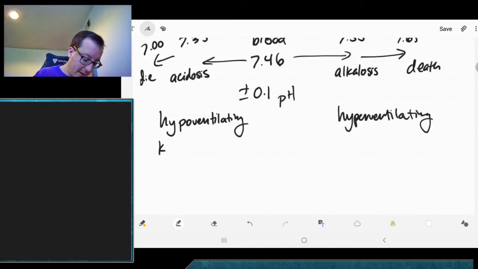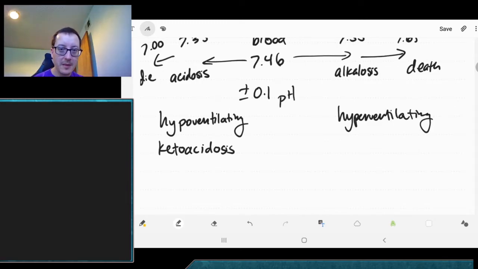Or if you spend a long time in ketoacidosis, hint, that's one of the fad diets now, you'll make yourself sick too.